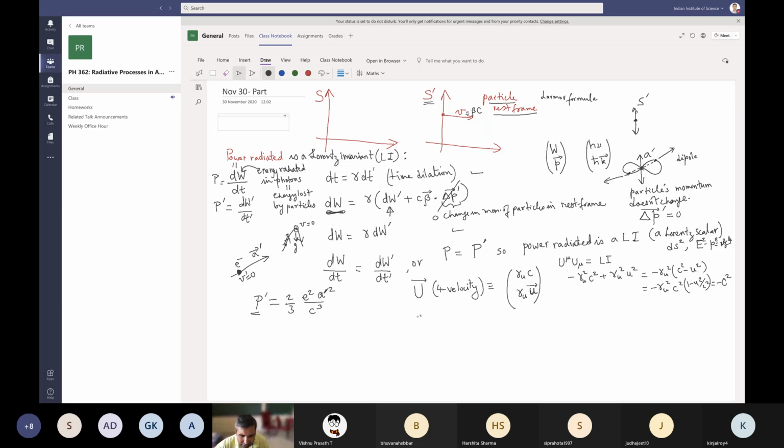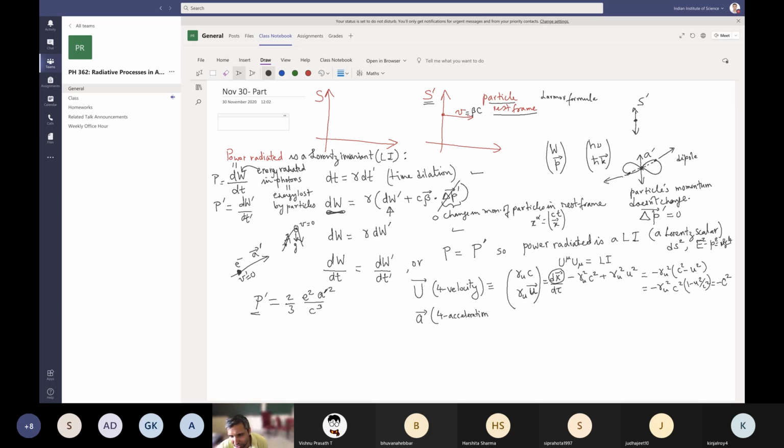We can also define 4-acceleration. So the 4-velocity was dx by d tau, where d tau is the small proper time, which is a Lorentz invariant. x^alpha is equal to (ct, x), the normal position vector, so this is a Lorentz vector. x is a Lorentz vector, but d tau is a Lorentz scalar.